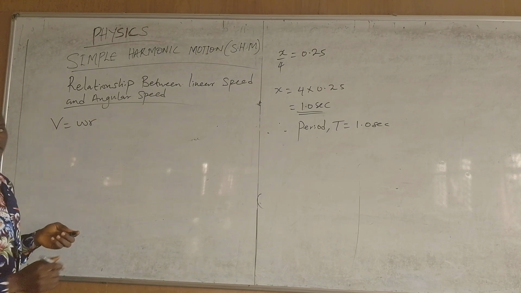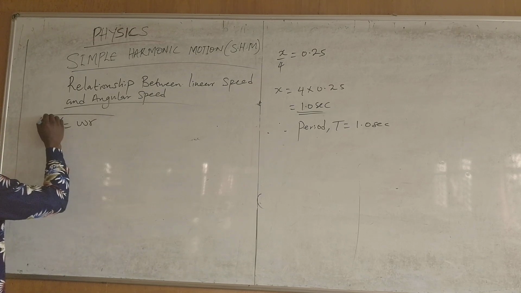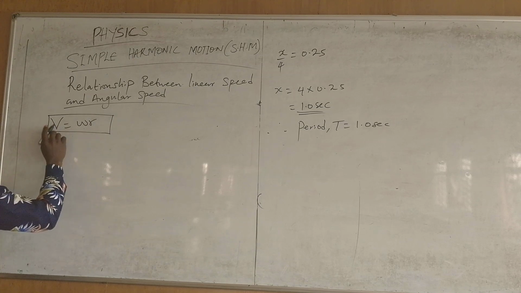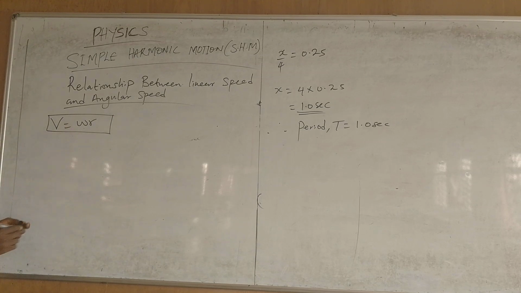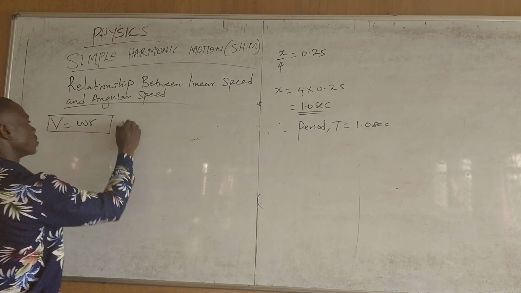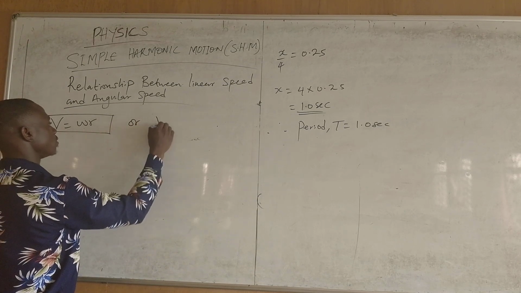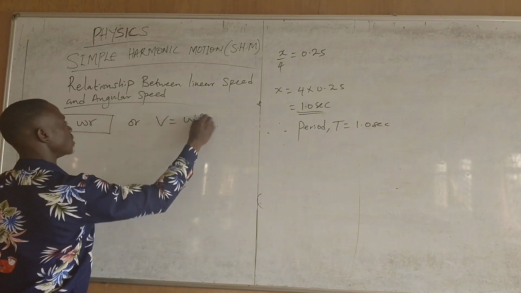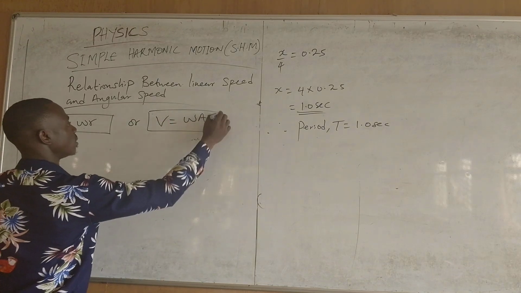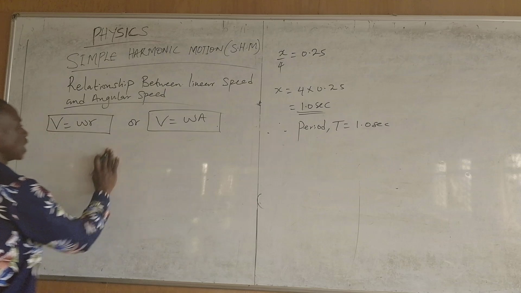I want to show you how they arrive at this, where your linear speed is v and your angular speed is ω, and r stands for the amplitude. Some express it as v = ωA.